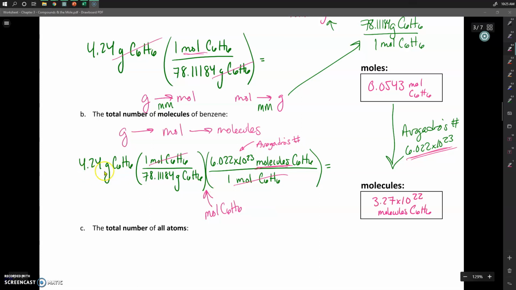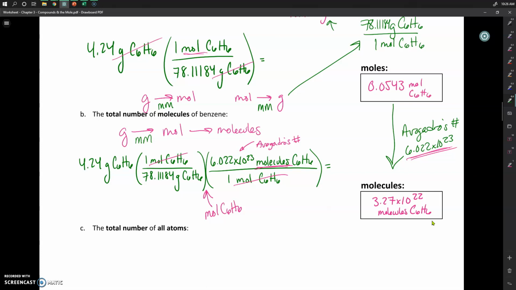So when I work across here and I do 4.24 grams divided by the molar mass of 78.11184 and then multiply by Avogadro's number, 6.022 times 10 to the 23rd, I'm getting 3.27 times 10 to the 22 molecules of this compound. So again, I'll point out that grams to moles involved molar mass as a conversion factor.